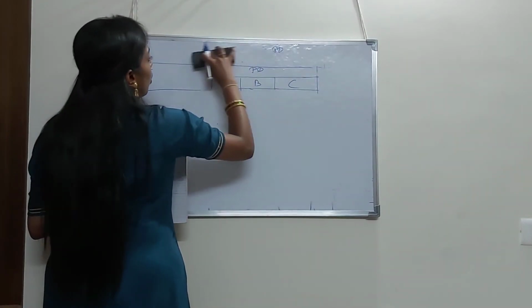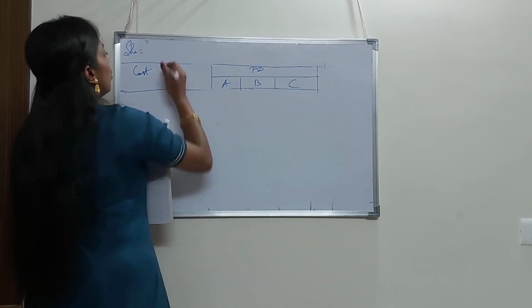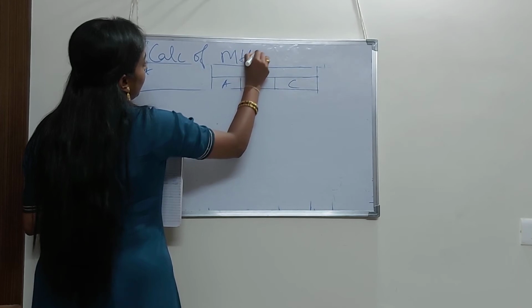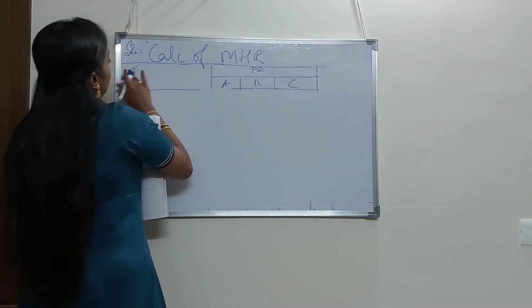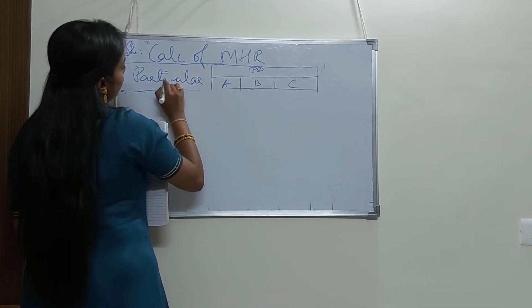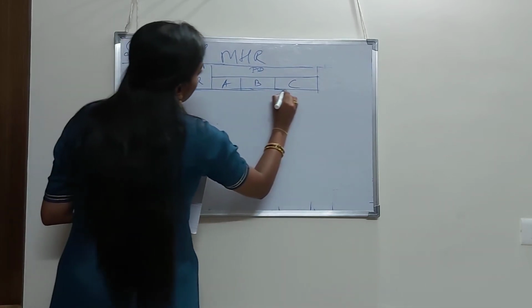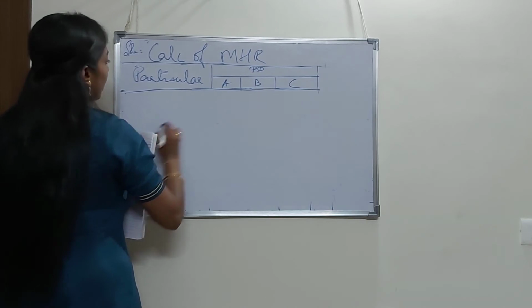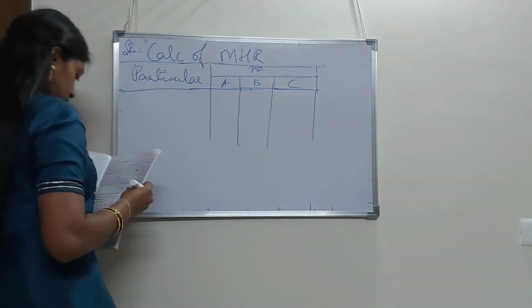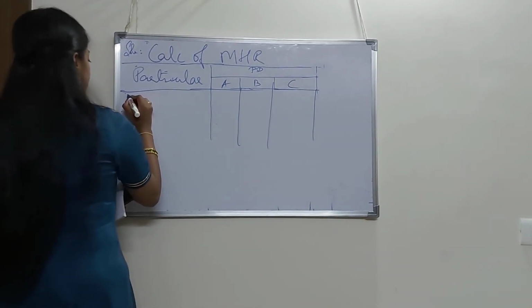Calculation of machine hour rate. For that, you take particulars as your first column, then production departments A, B and C. Now we have calculated the total cost as per secondary distribution.